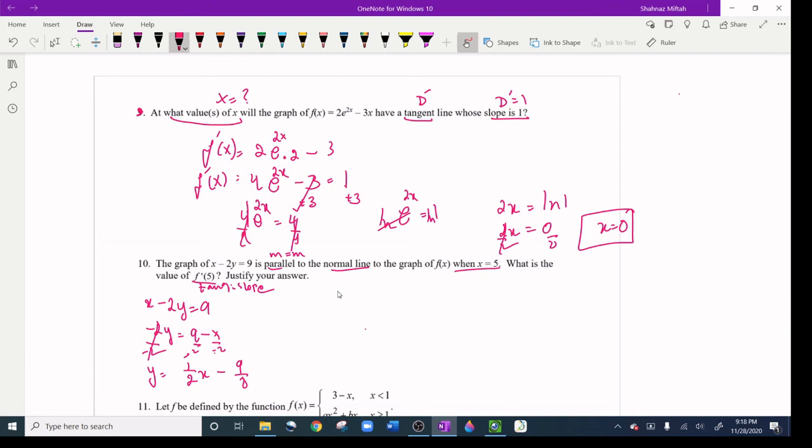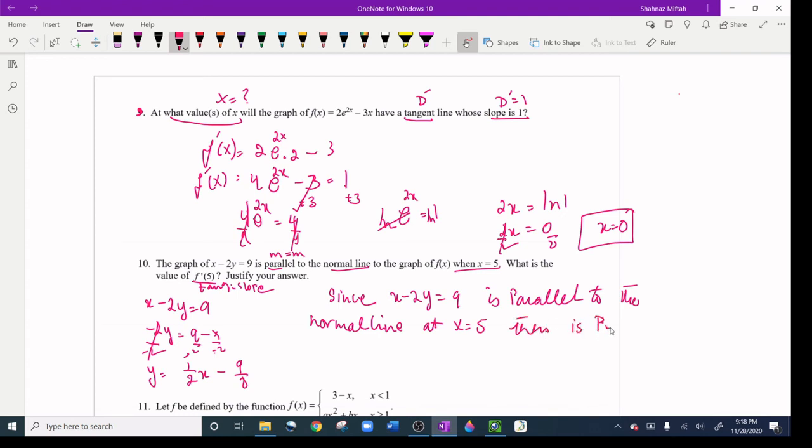So I'm going to say that since x minus 2y equal 9 is parallel to the normal line at x equal 5, then it is perpendicular to the tangent line.